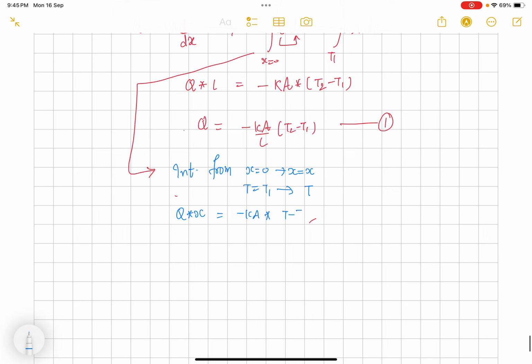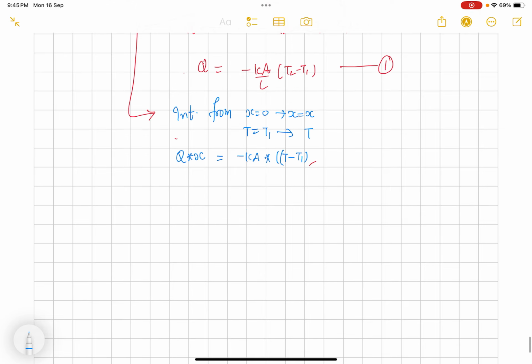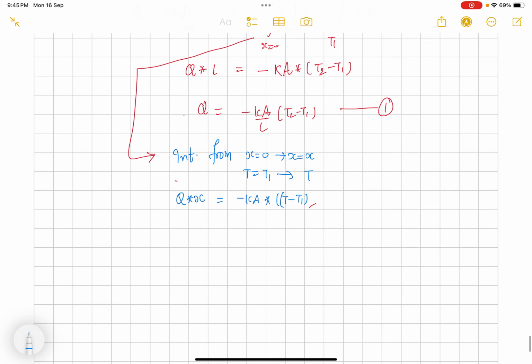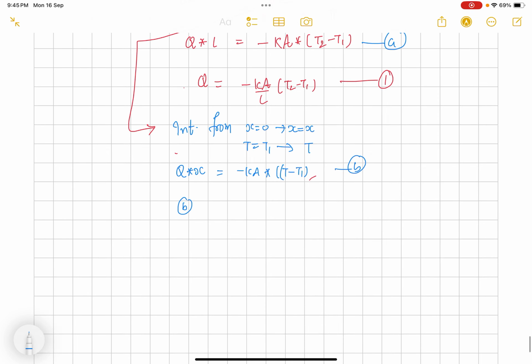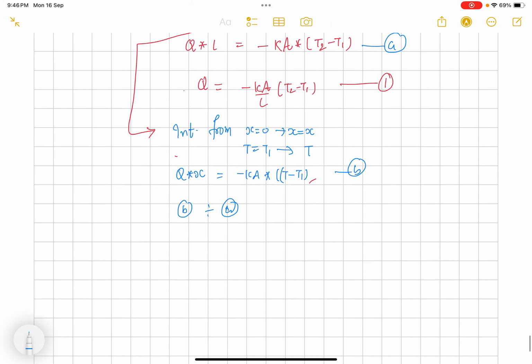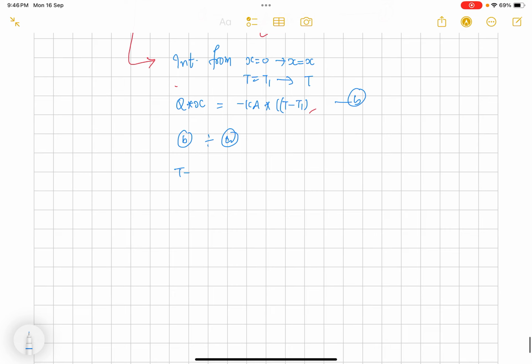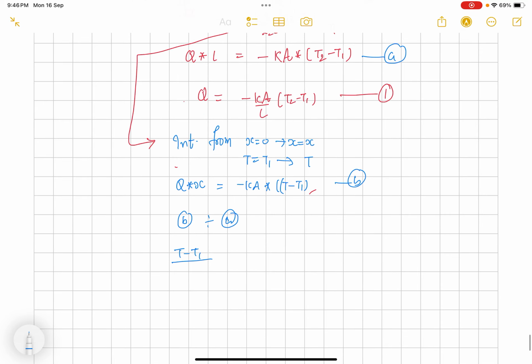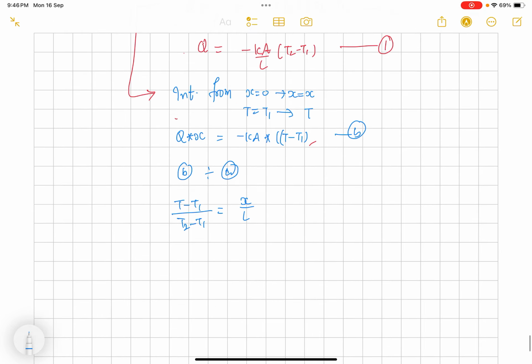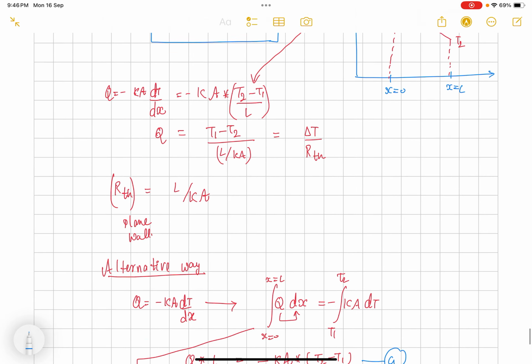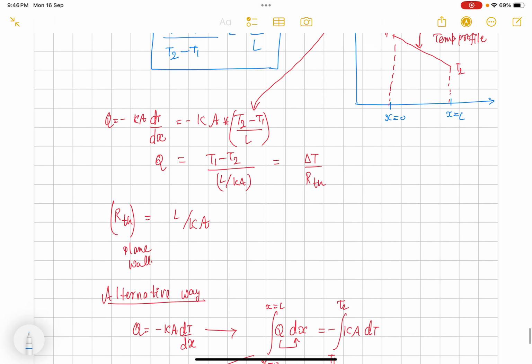Dividing these two equations, let's say this is a and this is b, b divided by a, we can have T minus T1 divided by T2 minus T1 equal to x by L. Same relation we got from the governing equation.